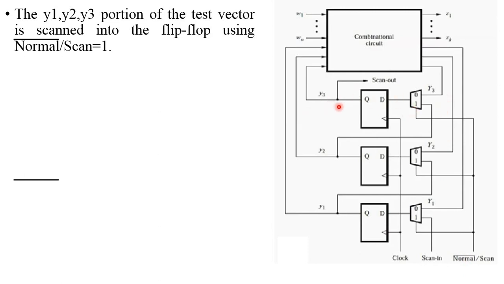But in the scanning method, normal / scan is equal to 1, and only then can we perform the scan testing. Whatever input pattern is applied to the scan, the same pattern comes out in the scanned-out variables.